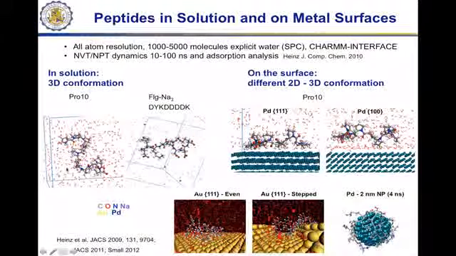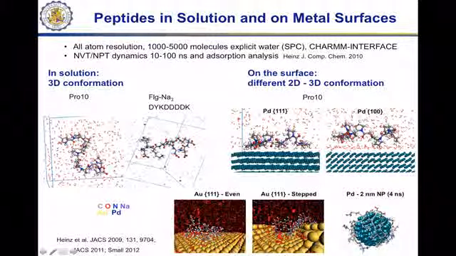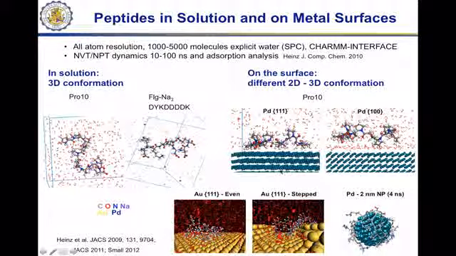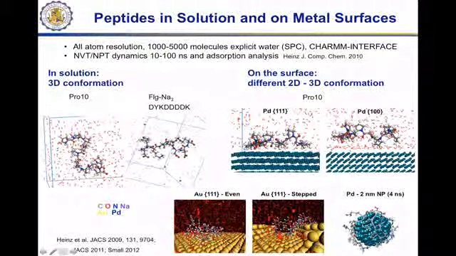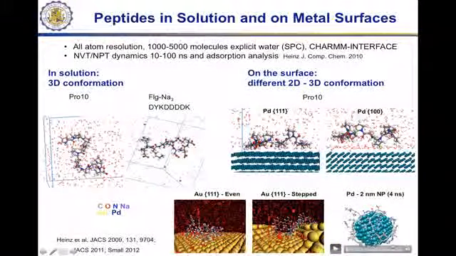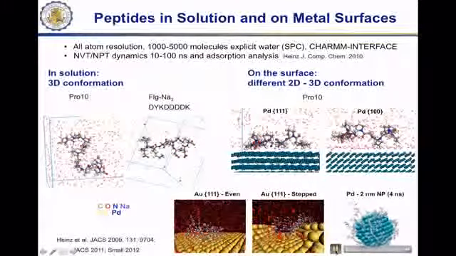And now, if you look at specific data, then we can have peptides in solutions. We can have those peptides positioned on the surfaces of metals, different facets, any facets possible. And then also in part, I don't know if this is playing. Is this playing?